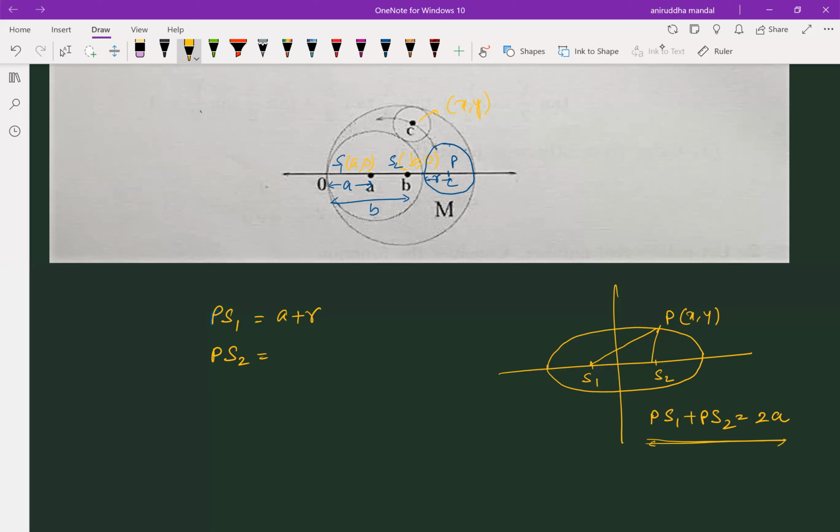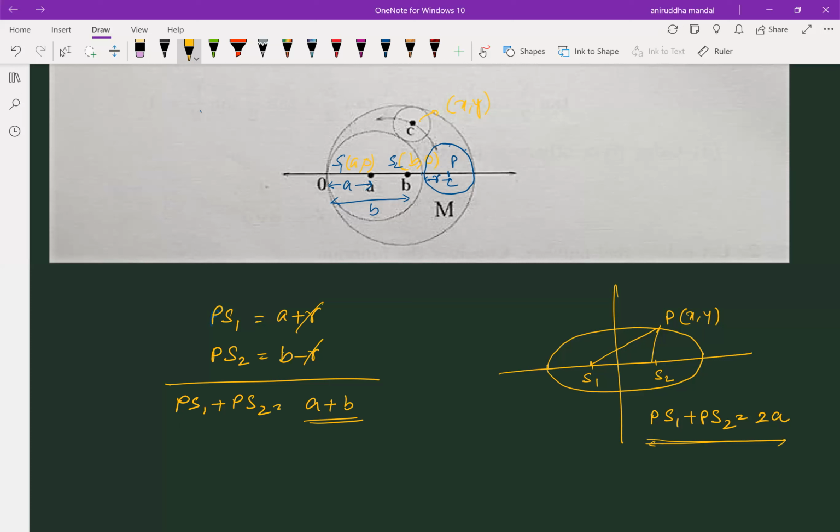So this distance is B minus R. Now, if we add these two equations, PS1 plus PS2, this R gets cancelled. So we have A plus B. Now this A plus B is always a constant. These are the two fixed circles. So we have established the relation. This center point will form an ellipse.